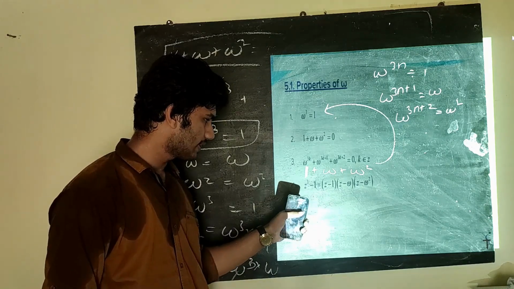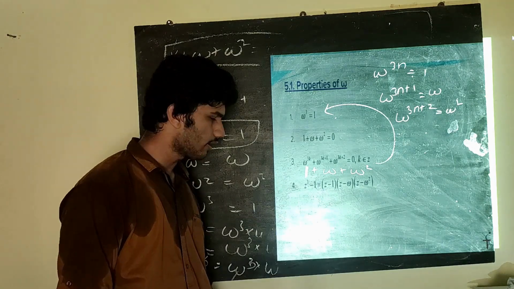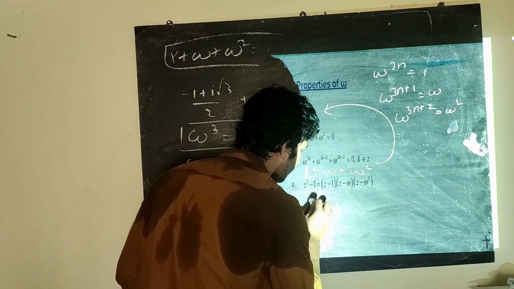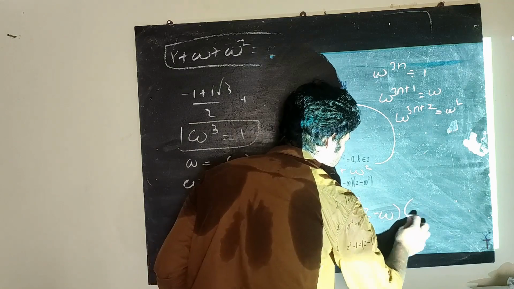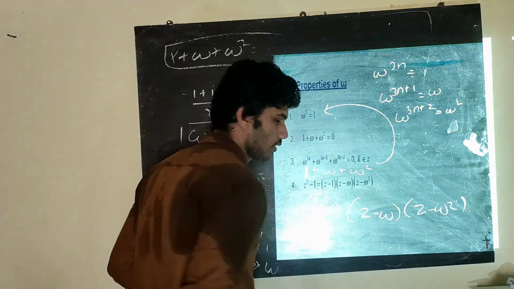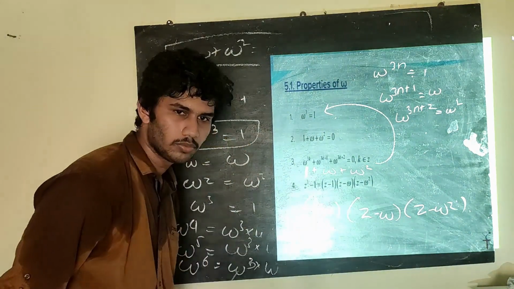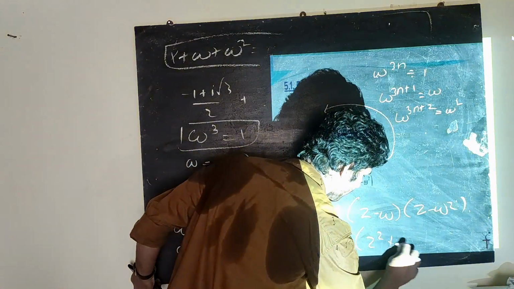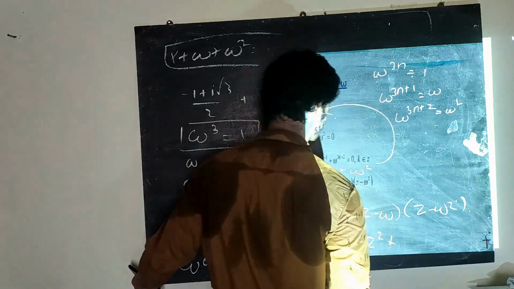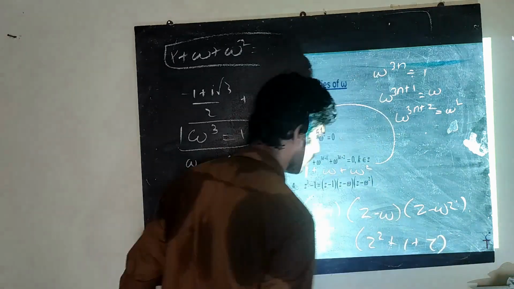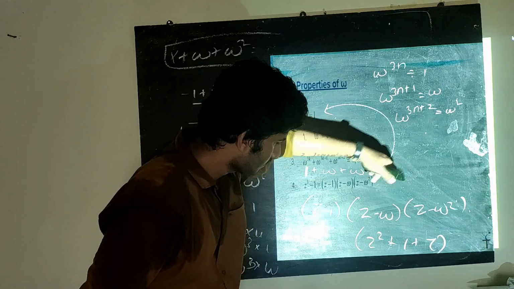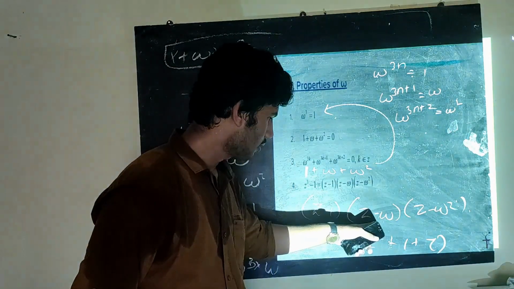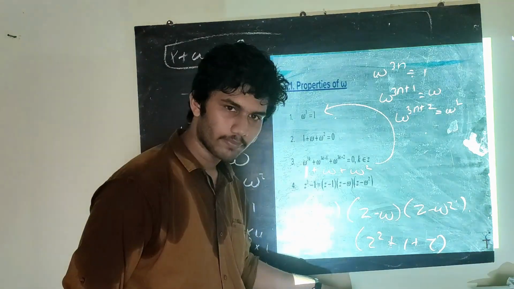And the next property is z cube minus 1 can be written as z minus 1 into z minus omega into z minus omega square. If you multiply these two, you will get back z square plus 1 plus z. How? Z square, you have z minus z into omega square minus z into omega.